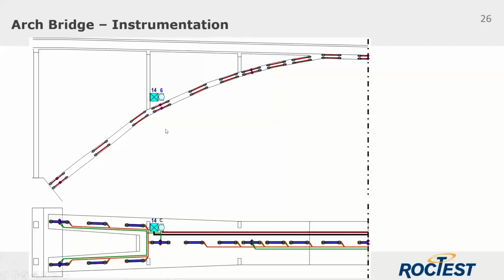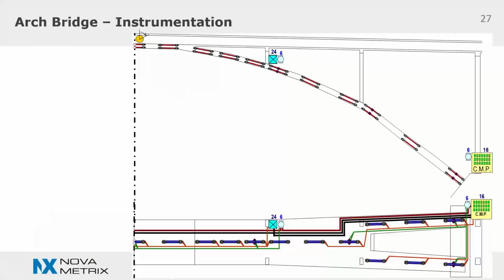So this configuration enables a very good interpolation of the strain and the curvatures in each segment, and also an accurate calculation of the deformed shapes of the arch and the localization of potential issues. So here we can see the same instrumentation on the other part of the bridge.